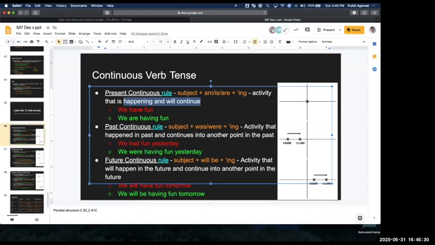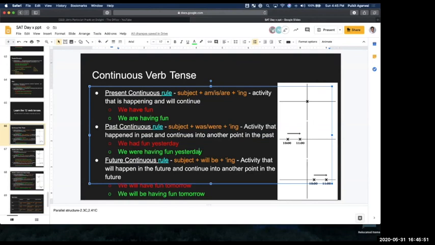So happening and will continue. For example, we are having fun. Past continuous is something that happened and will continue into another point in the past. So we were having fun yesterday. We were having fun and it continued into yesterday.